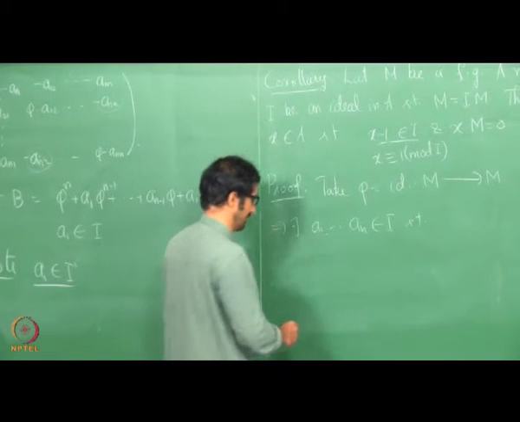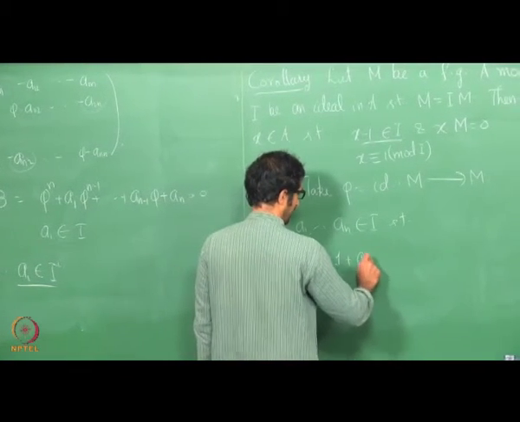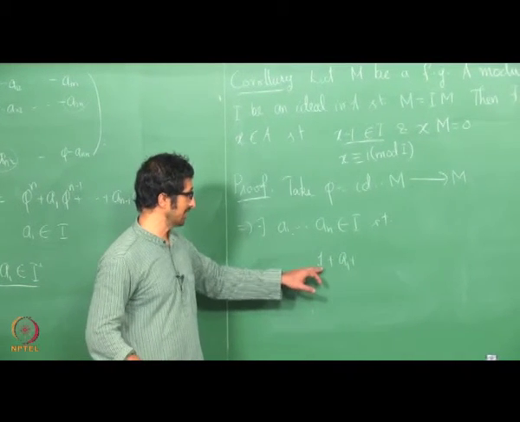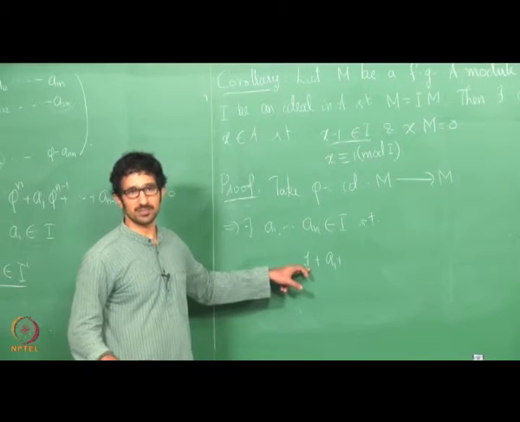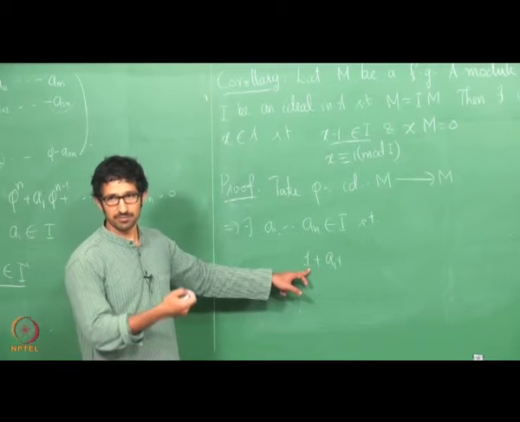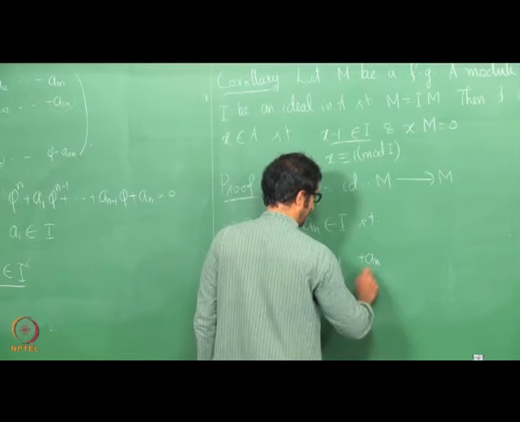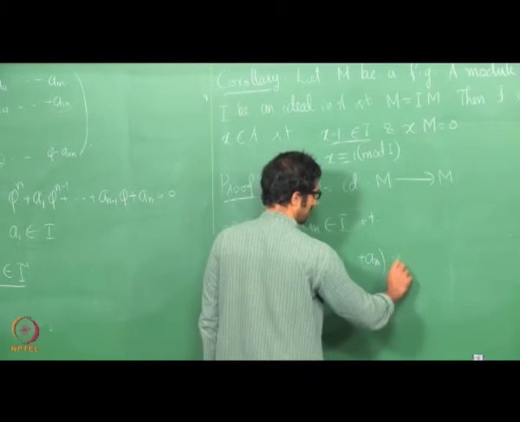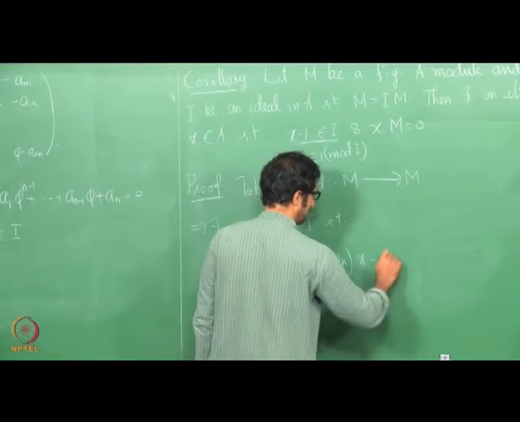So you can write it as 1 plus A1. Phi can be thought of as a constant multiple of 1, 1 plus A1 up to AN. This is 0, which means this acting on M, any element in M is 0.